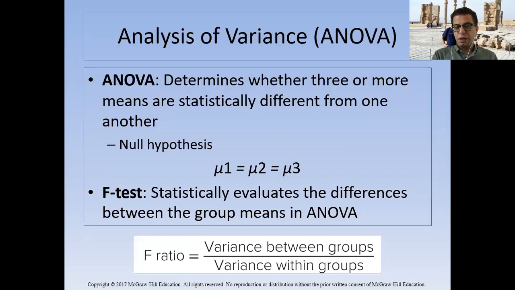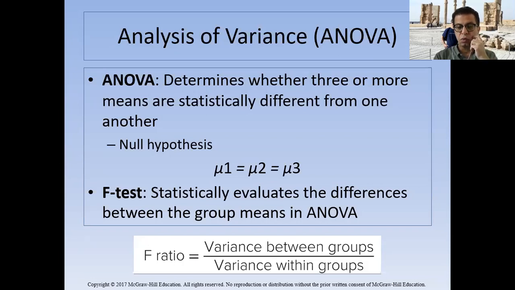Now, analysis of variance determines whether three or more means are statistically different from one another. The F-test is the statistical evaluation of the differences between a group of means.